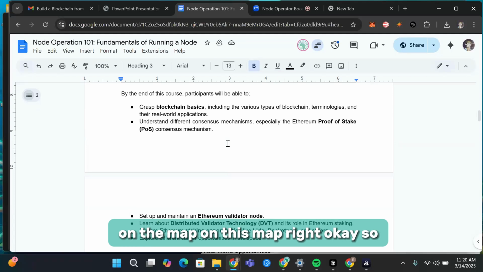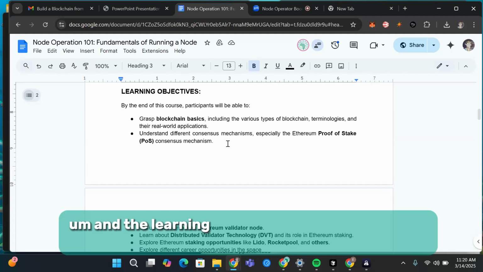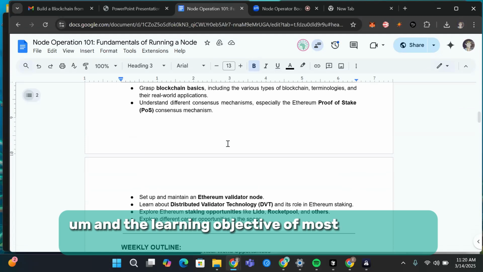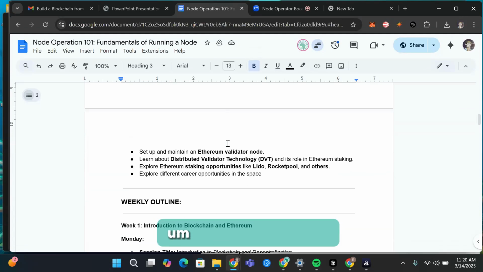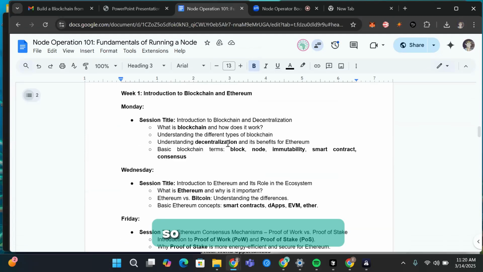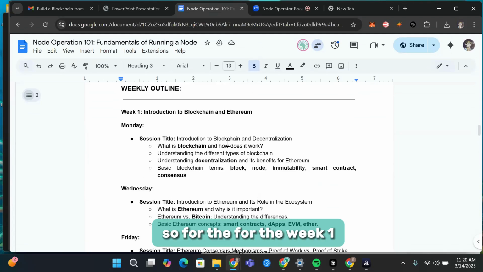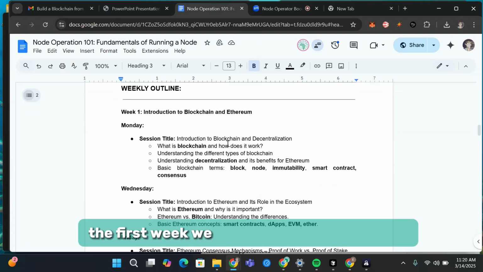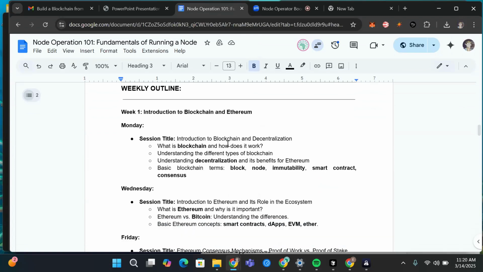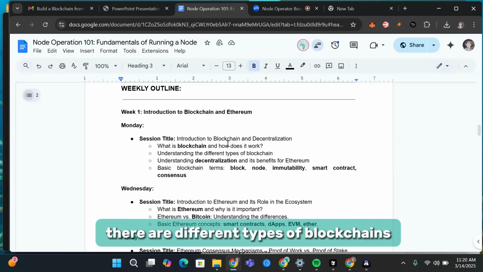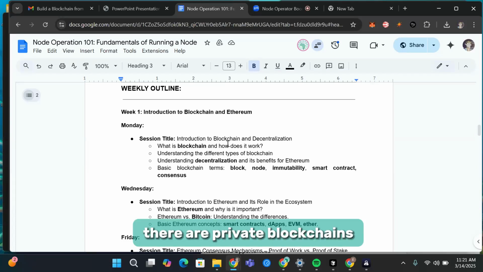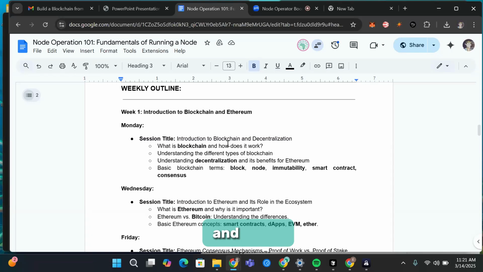Okay. So and the learning objective, most of what I've explained is still the same thing. So for week one, the first week, we will be covering blockchain. There are different types of blockchains. There are private blockchains, there are public blockchains, amongst others.